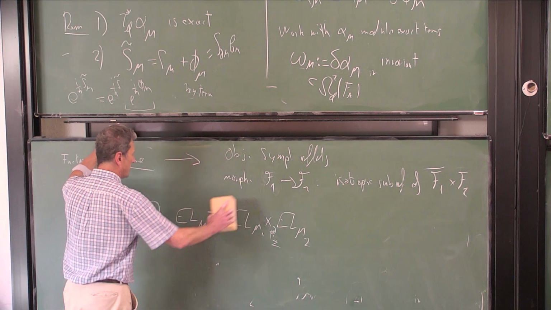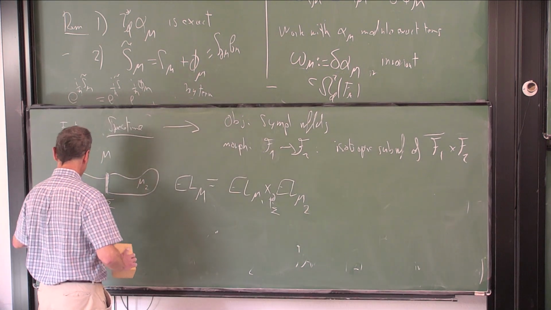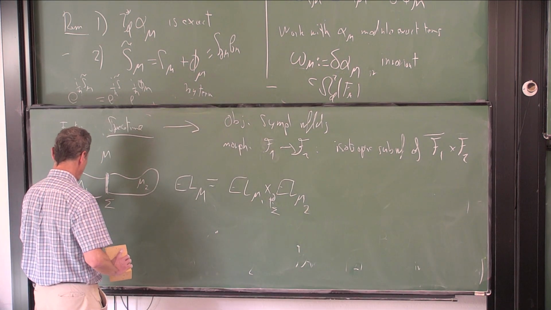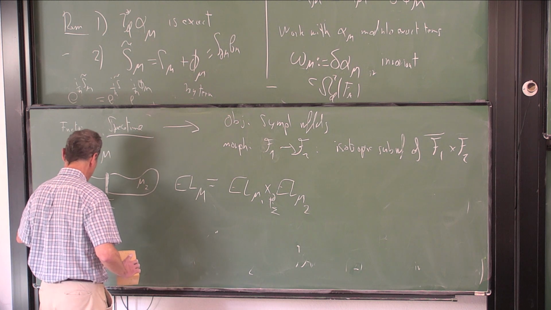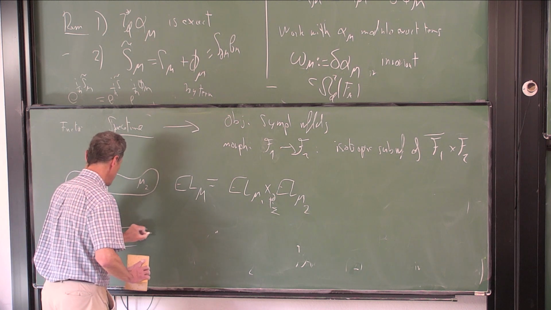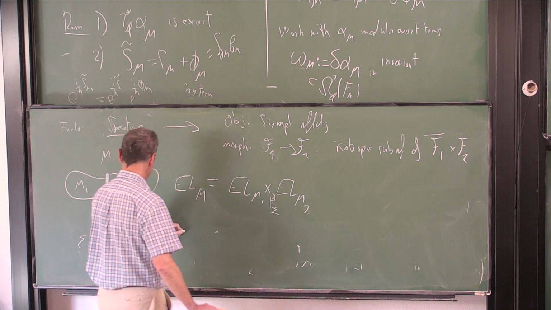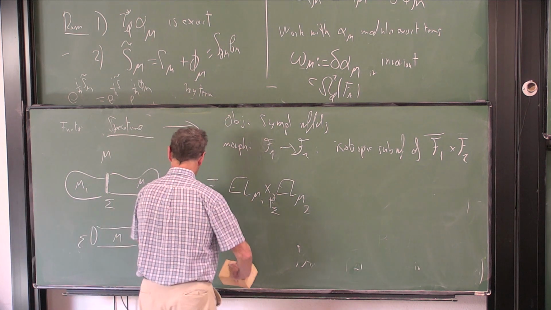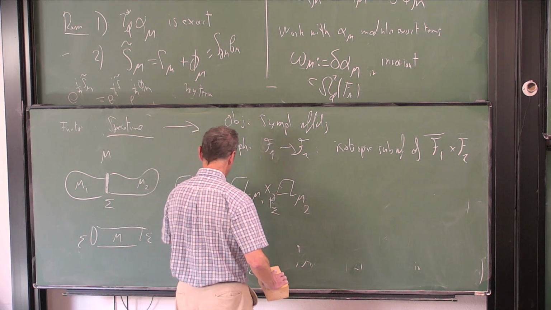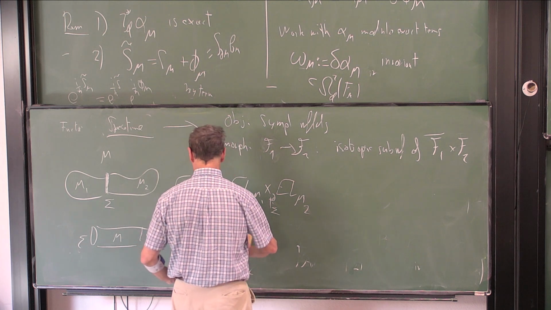Now, if you want to go categorically, think of M being something like sigma times an interval. So this is your M, and in this sense, EL_M is a submanifold of F_sigma.